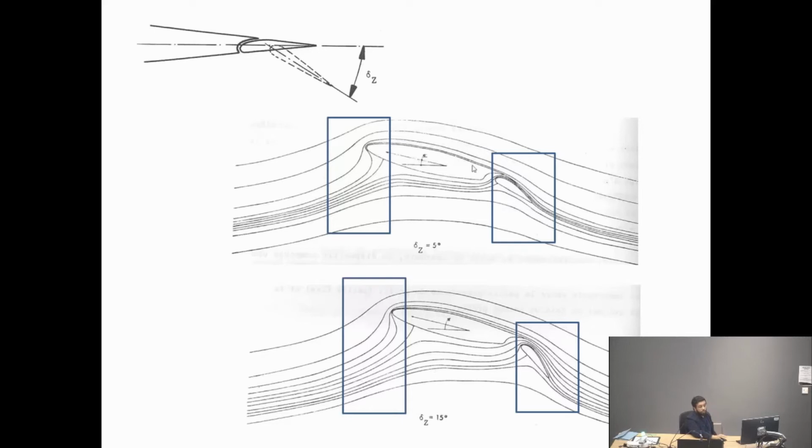Even if I didn't tell you the angles here, you should now be able to look at flow pictures and say this must be the smaller deflection angle and this must be the larger deflection angle for the flap, because clearly the streamlines are more deflected in the bottom picture than in the upper picture. Anyway, the total result is that the flap increases the effective camber of the wing, i.e. the wing becomes like a more cambered section than what it is, which obviously will increase your lift.